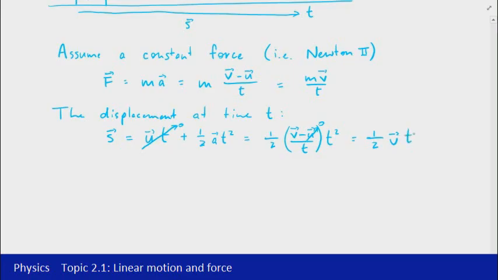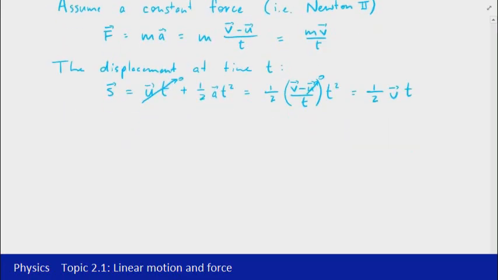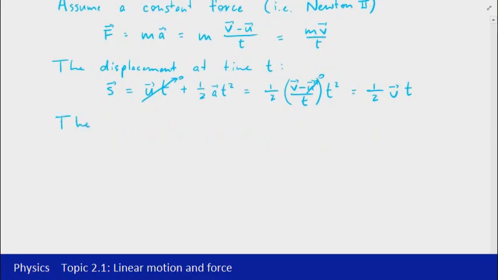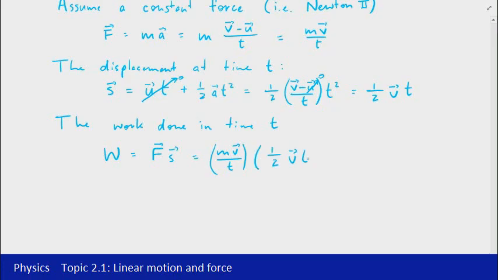So there's our two expressions now for force and displacement, and so the work done in time t to accelerate the box to that speed, or that velocity v, means that we can just calculate work being equal to force times displacement. So that gives us the expression for force, which was mass times velocity over time, and the expression for displacement, which was half v multiplied by t.